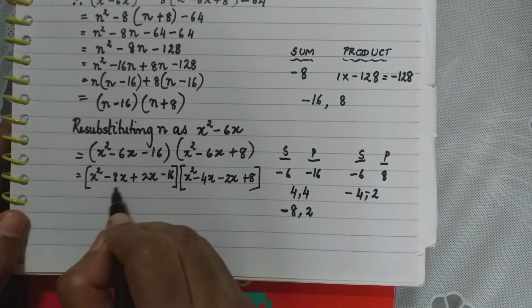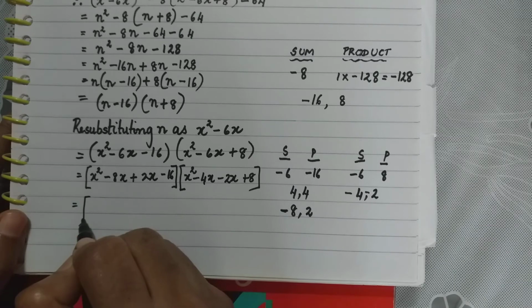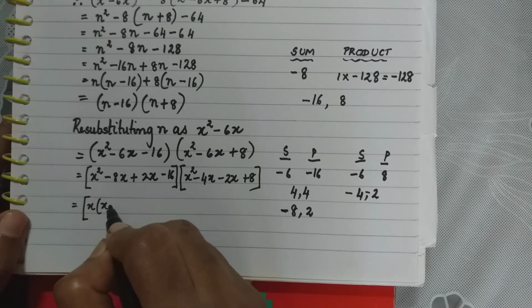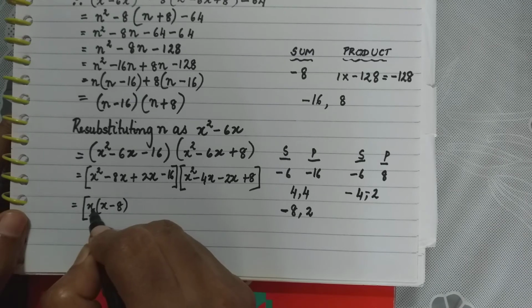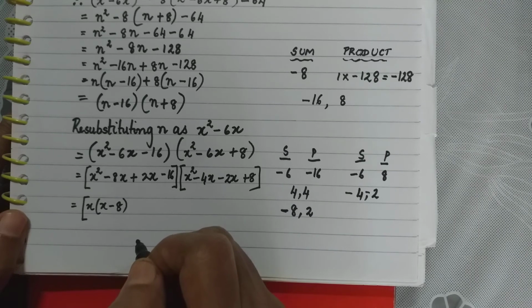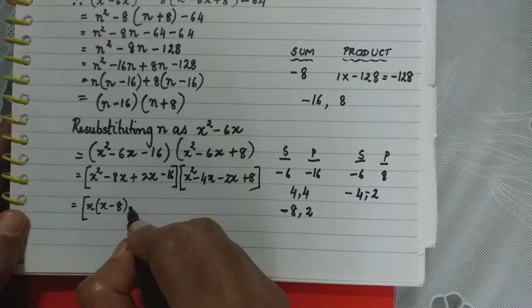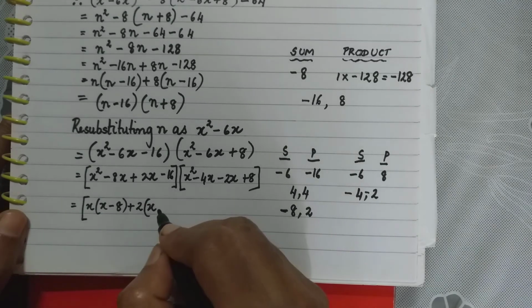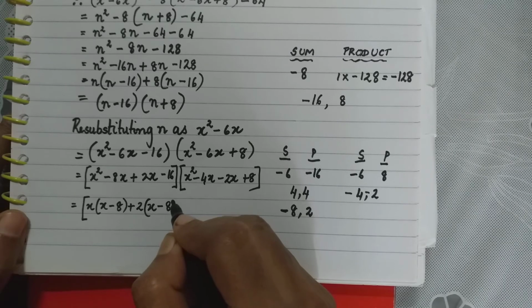Now taking these first two terms, we have x common out. So here we have x minus 8. X into x is x square. X into minus 8 is minus 8x. In the next two terms, 2 is common. So 2 goes into 2x, x times. 2 goes in minus 16, minus 8 times.